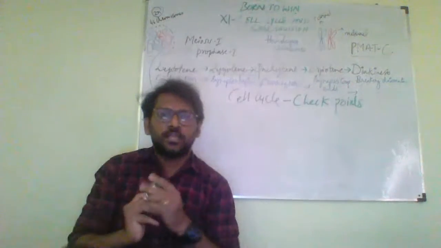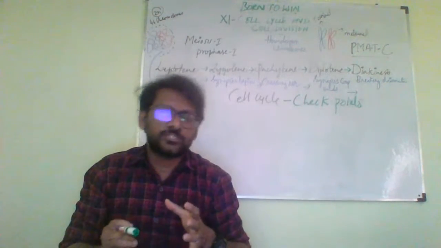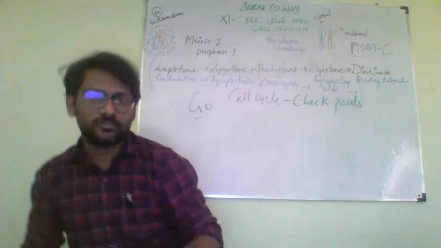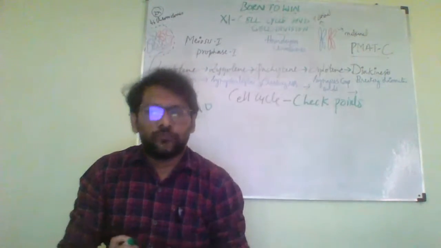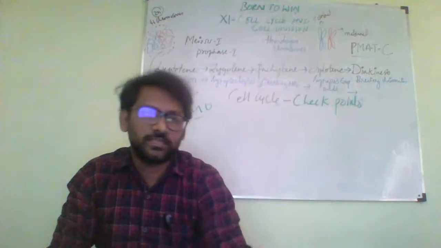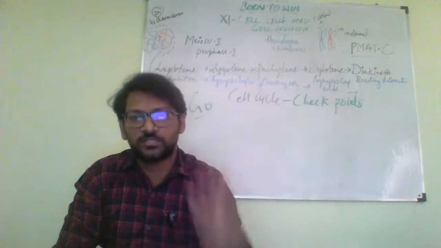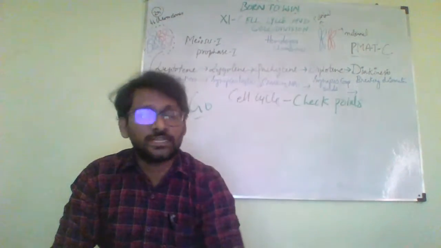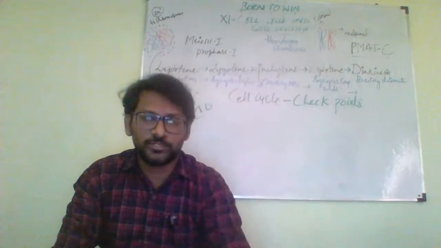Checkpoints in the cells. I told you there is one more phase called the G0 phase, or quiescent phase, where the cell will be frozen, in the sense that it will not enter into any division. For example, if we consider neurons, once formed, they will not be replaced by new neurons.